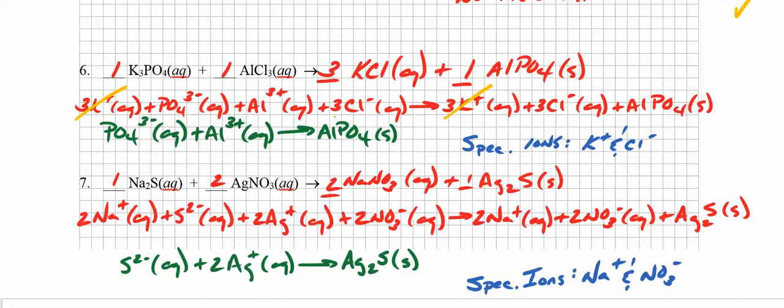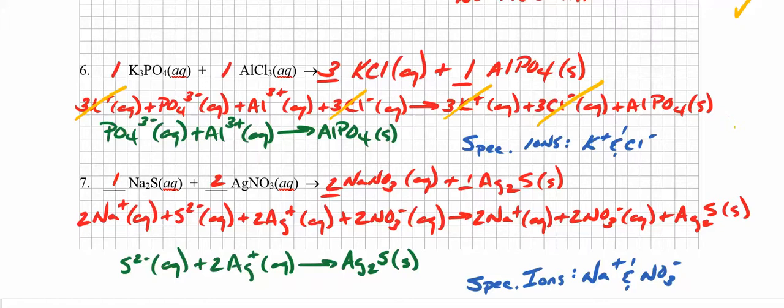We've got 3 Cl- on the left, we've got 3 Cl- on the right. So now what's left? The net ionic equation is what is remaining. PO4 3- aqueous plus aluminum 3+, also aqueous, yields AlPO4, that's a solid, and that is our net ionic equation.